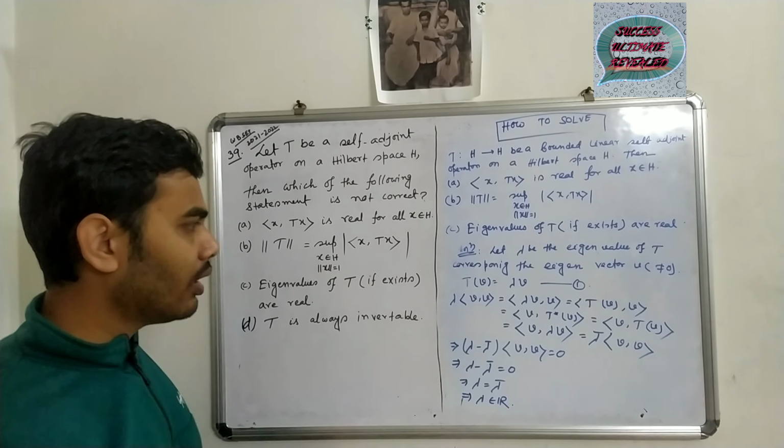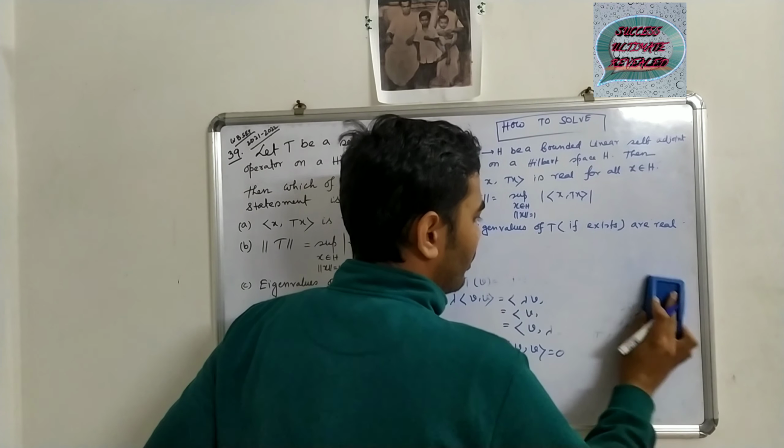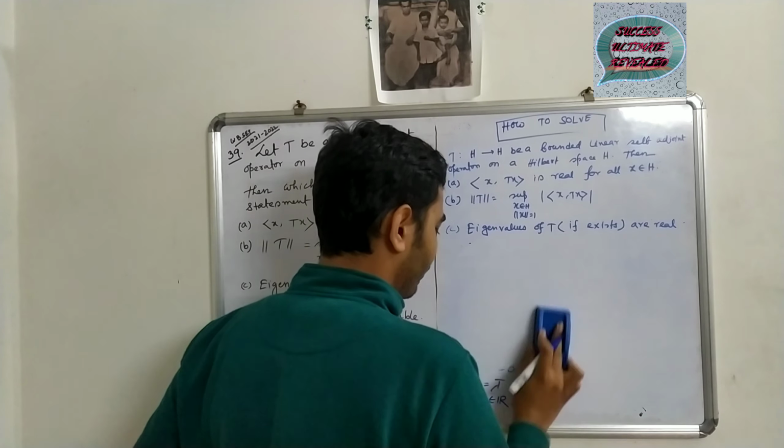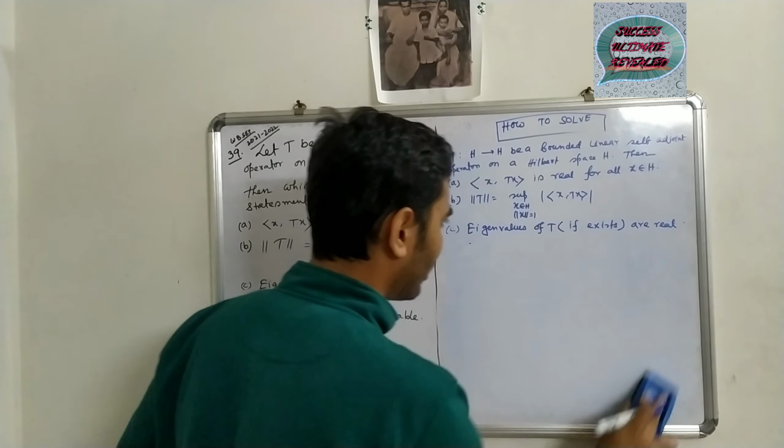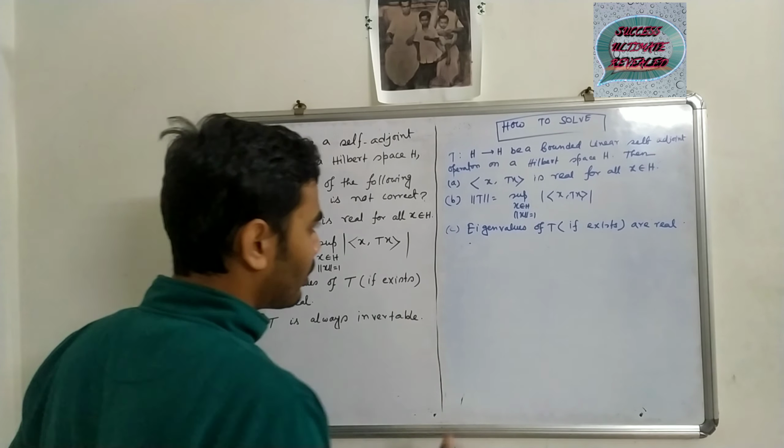Okay, now look at the fourth option. The fourth option says T is always invertible.